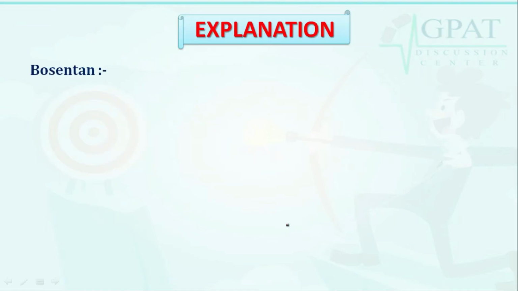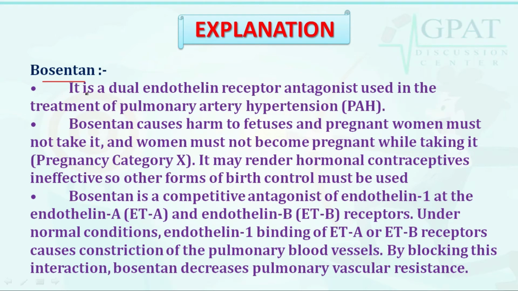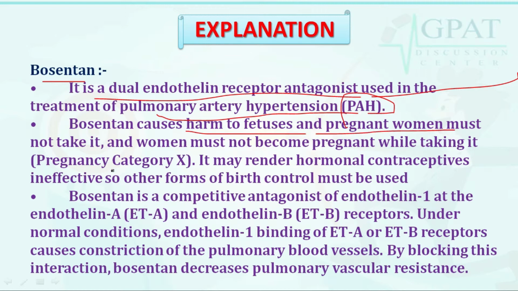Let's discuss with the help of explanation. Bosentan is a dual endothelin receptor antagonist used in the treatment of pulmonary artery hypertension, that is PAH. It causes harm to the fetus, so pregnant women must not take it, and women must not become pregnant while taking it. It may also render hormonal contraceptives less effective, meaning a change in hormonal balance.